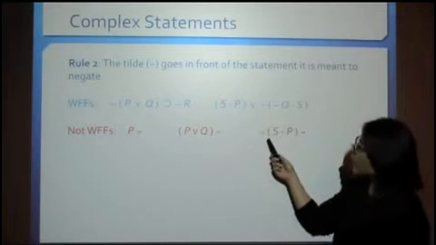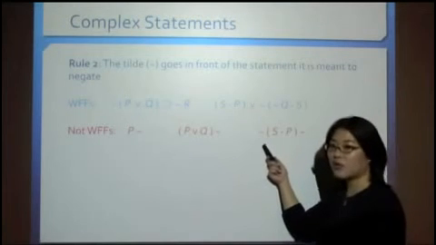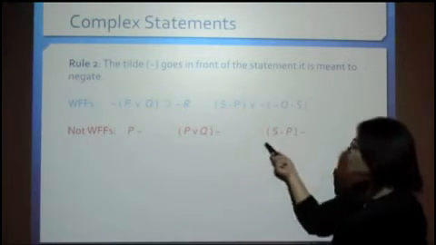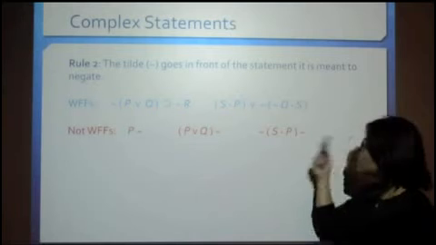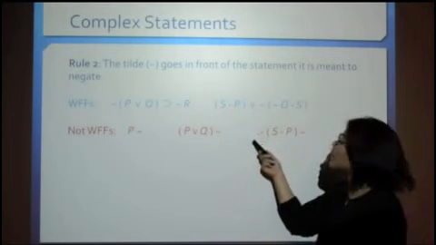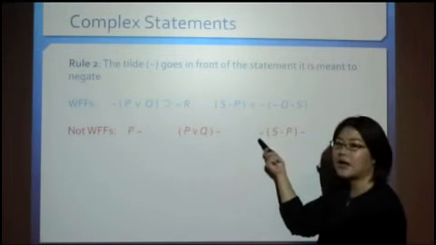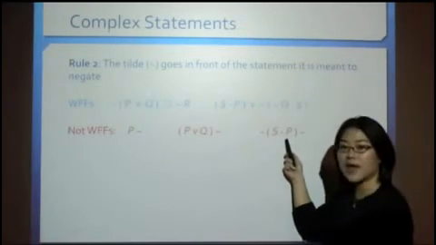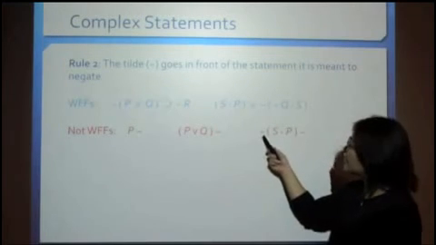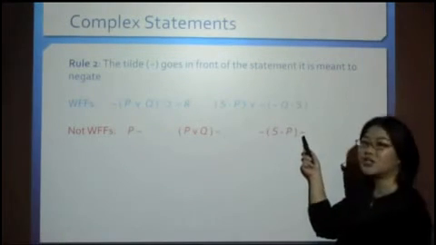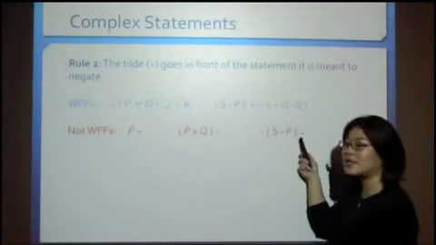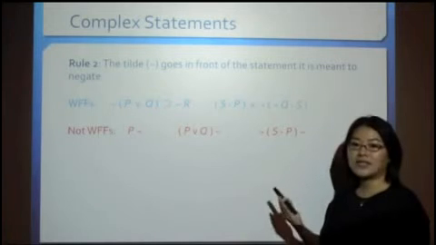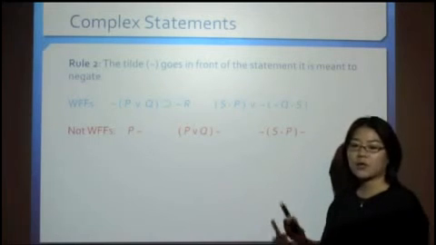And then finally here we have another example of a non-well-formed formula that has negations in it. And the reason why this is not a well-formed formula is because although you have a negation here out front, on the left side of the parentheses, okay, which indicates that what's inside the parentheses is a compound statement, and that's being negated, you also have here a negation on the right side of the parentheses. Now remember, negations are always negating a specific statement, okay, either a compound statement or a simple statement.